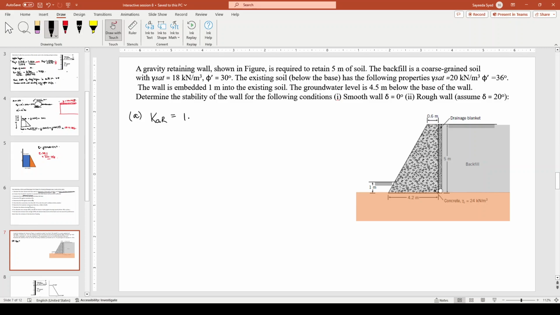And let's calculate for Coulomb also. For Coulomb, delta is equivalent to 20. Since there is no incline in the loading, we can say beta is equivalent to 0. Okay, so let's calculate. Let me refer to this Coulomb's equation.